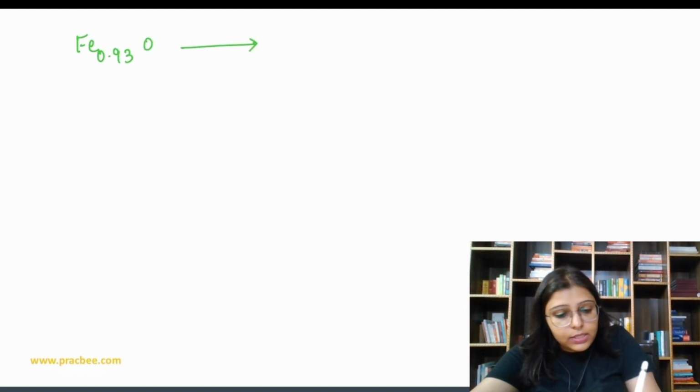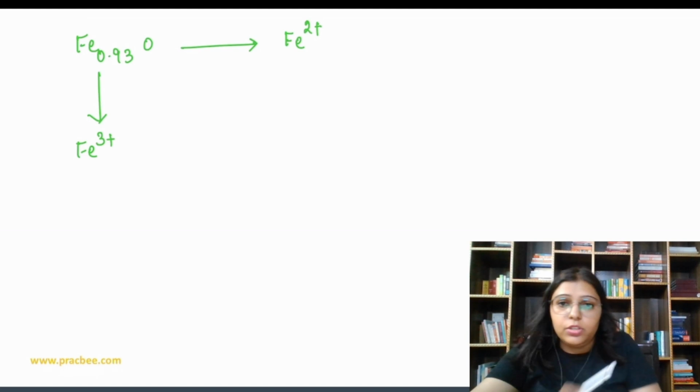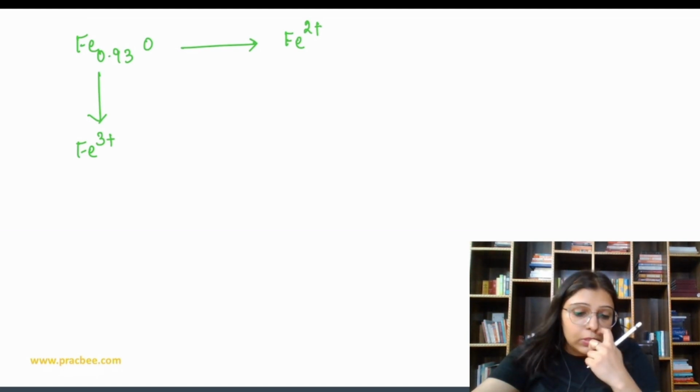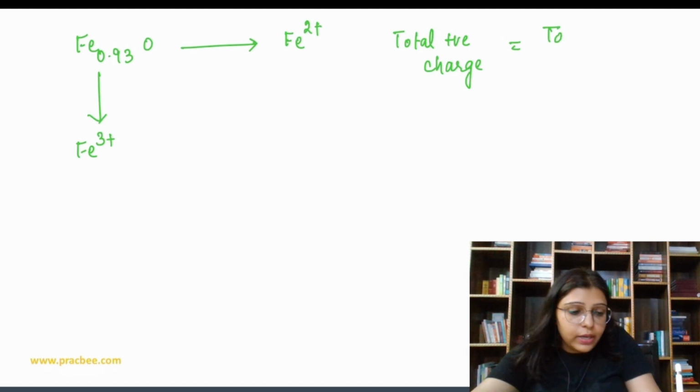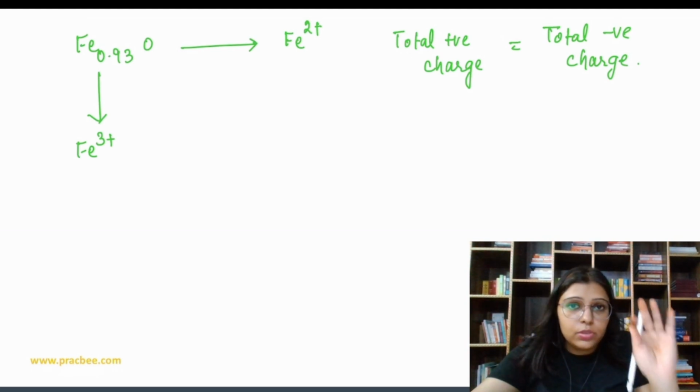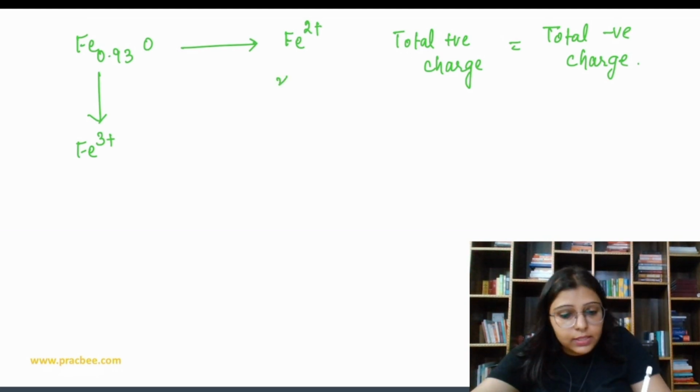In this, some part is Fe2+ and some part of iron exists in the Fe3+ oxidation state. Okay. So now in order to calculate this, we know that total positive charge is equal to total negative charge in the compound.